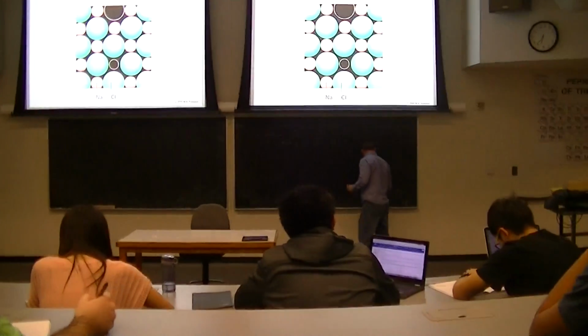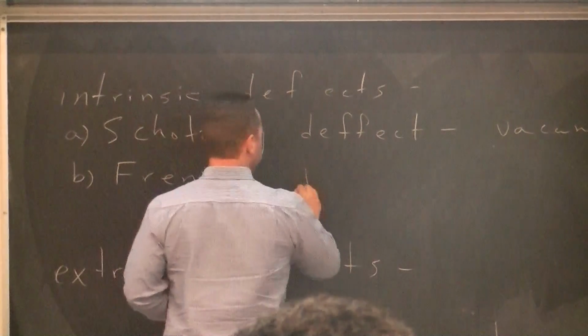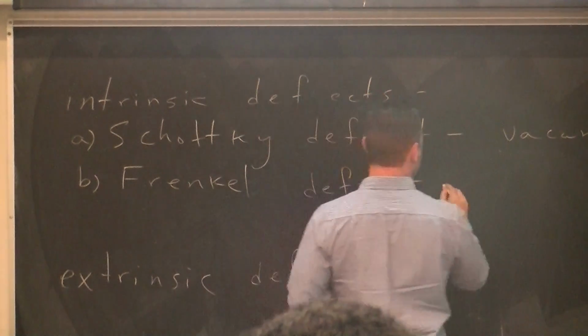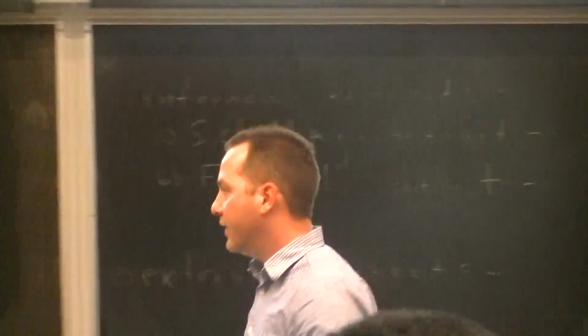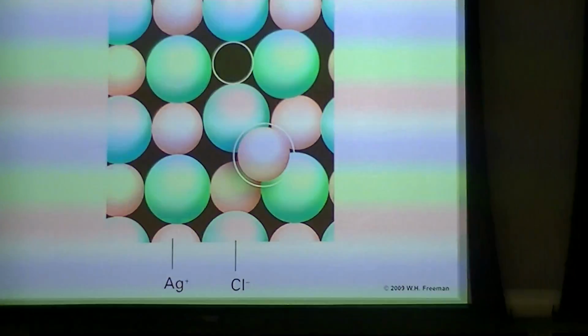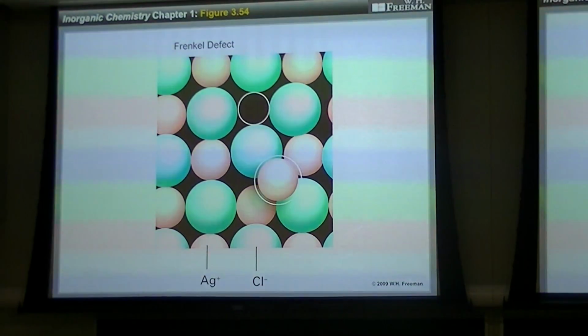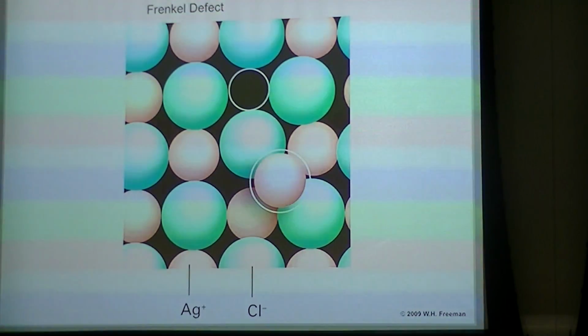The other kind of defect is the one that we call the Frenkel defect. Let me see if I have a slide here. In the Frenkel defect, it is basically an atom displacement. You have, for example, the silver cation there that is smaller, of course, than the chloride.